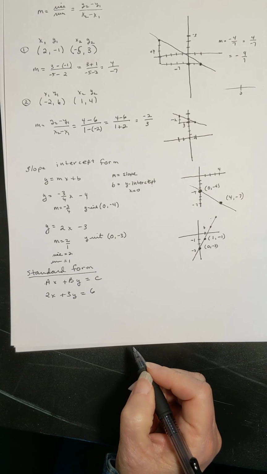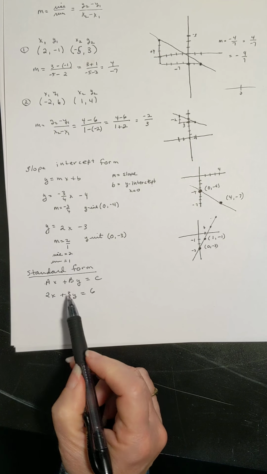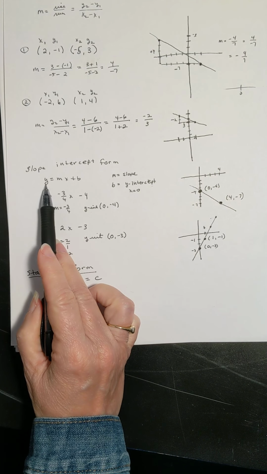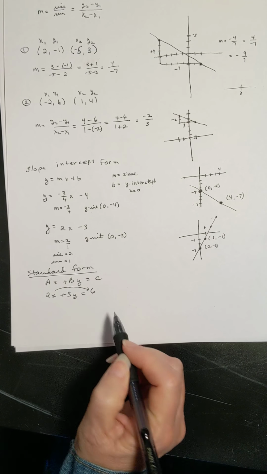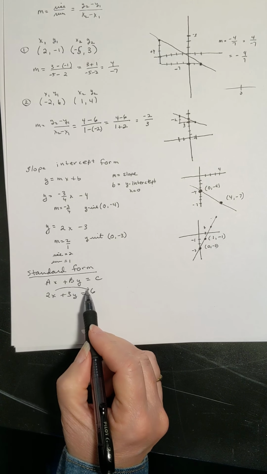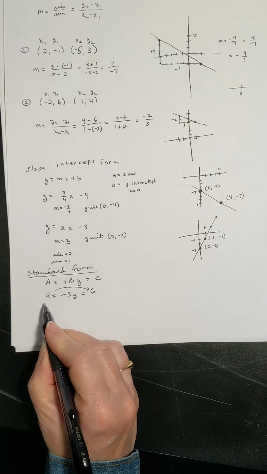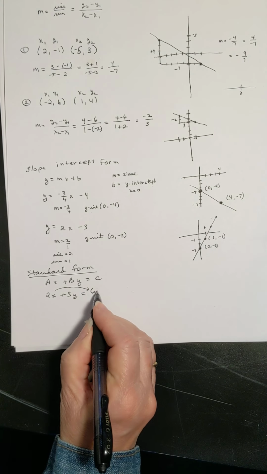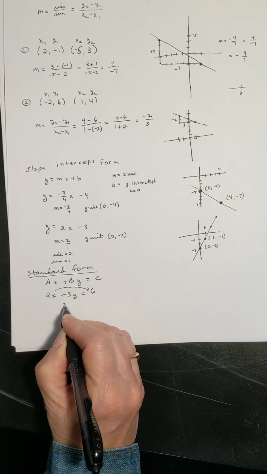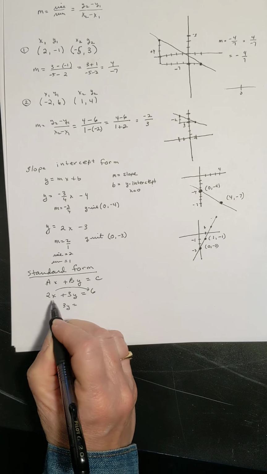All right. Now, if I want to put this in slope-intercept form, I need to get the y by itself. So I'm going to subtract the 2x from both sides. When I subtract the 2x, it's going to come over here. And I don't have to write minus 2x and minus 2x because there are no x's over here. So I'm just going to bring it to the other side.